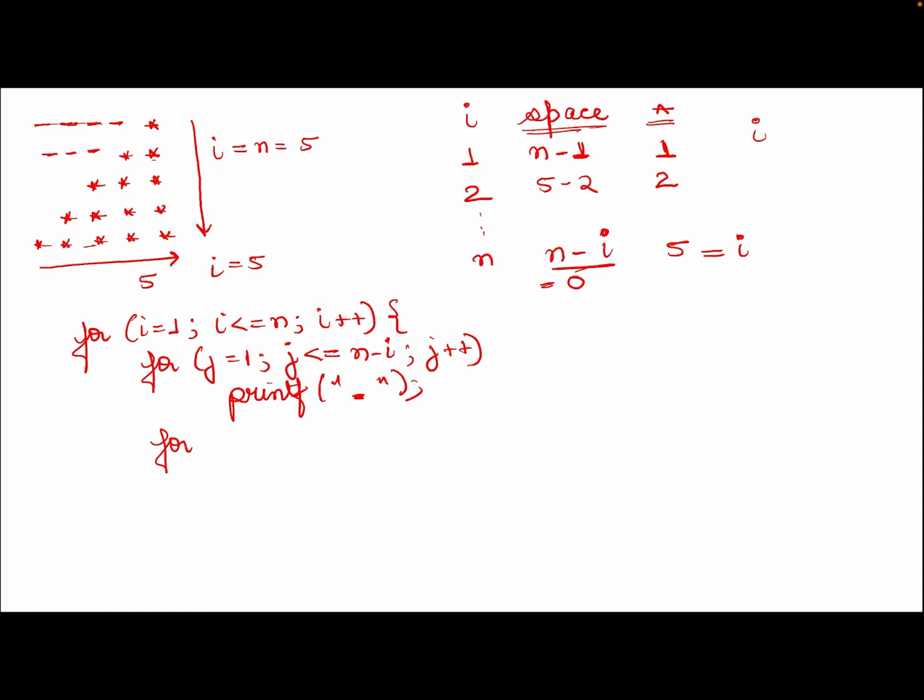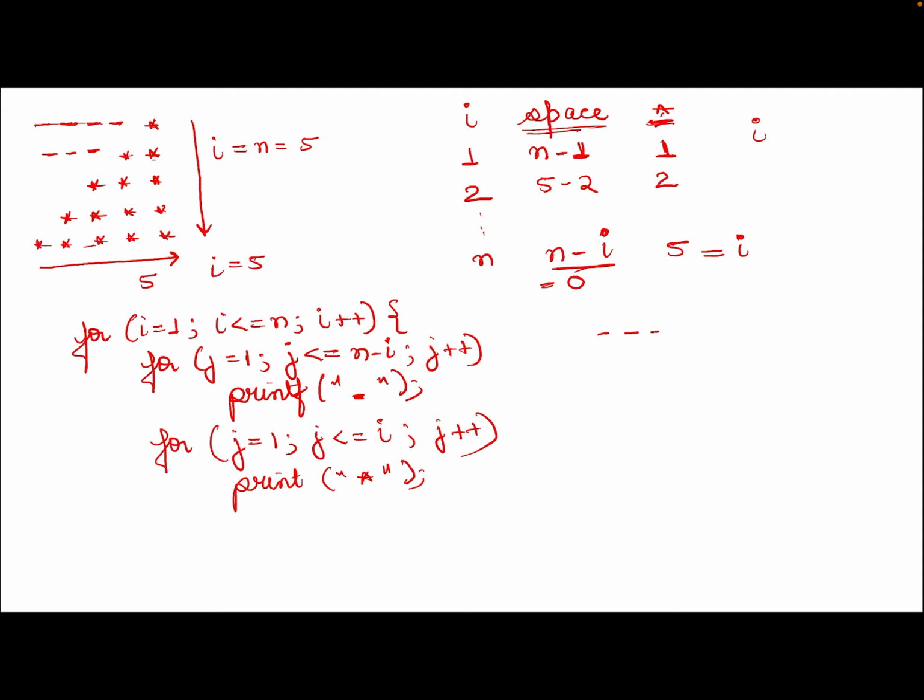And I am taking another loop which prints only asterisks, and it will print this star or asterisk i times.